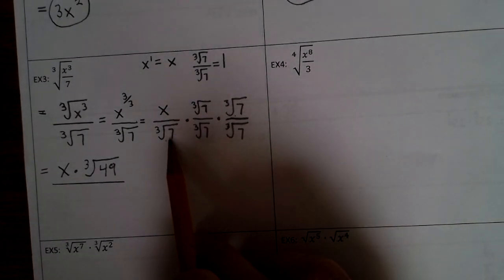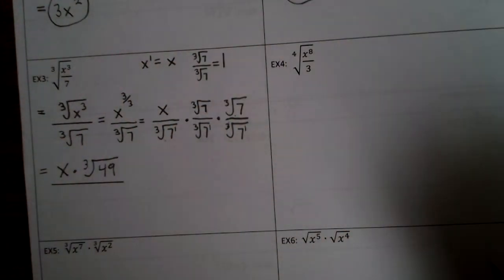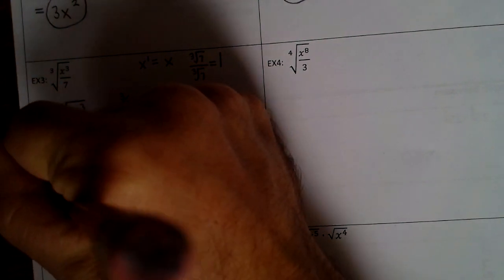So this would be technically 7 to the 1/3 power times 7 to the 1/3 power times 7 to the 1/3 power.